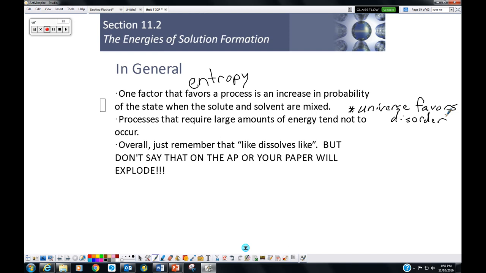So oil and water mixing just doesn't occur, because the only way that we can maintain that mixture is if I were constantly adding energy to this, constantly stirring it. So I would have to keep this thing stirring constantly to keep any degree of mixing in there. So it's just not efficient to do that.